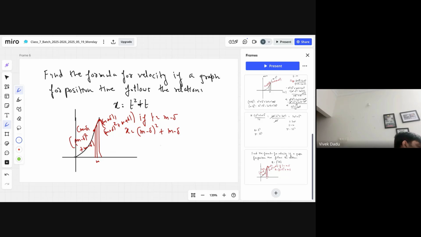What is this? This is fine. Then how is it plus delta square? This minus sign will get distributed.